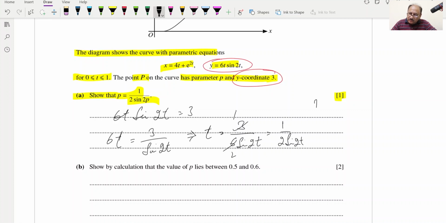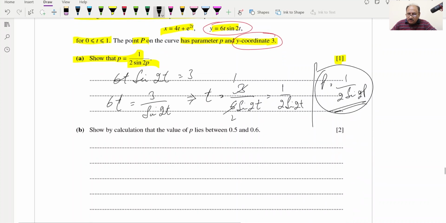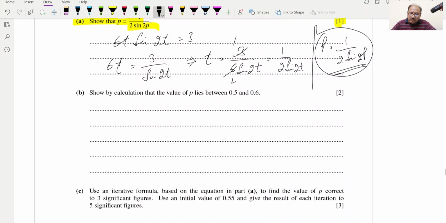And in terms of p, we can write p is equal to 1 over 2 sine 2p. If we replace t by p, we will get the same answer. Hopefully you understood. I have explained, but explanation is not much required.